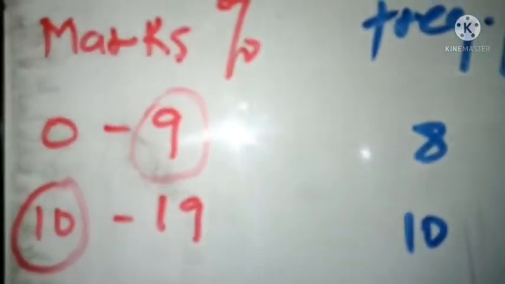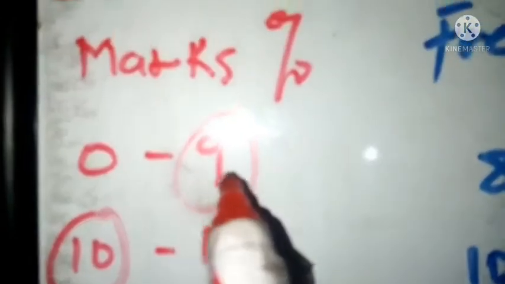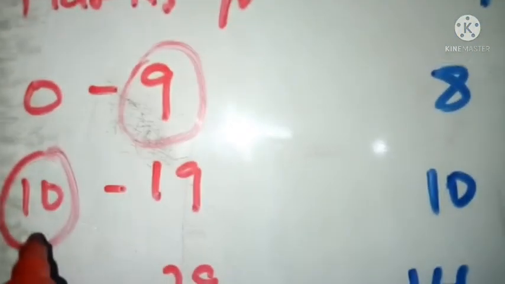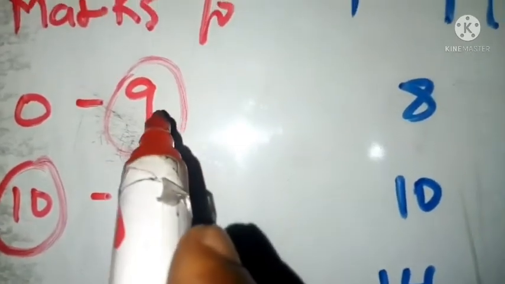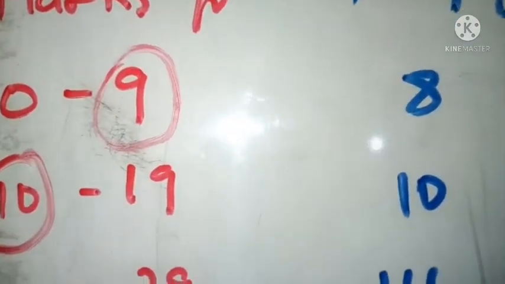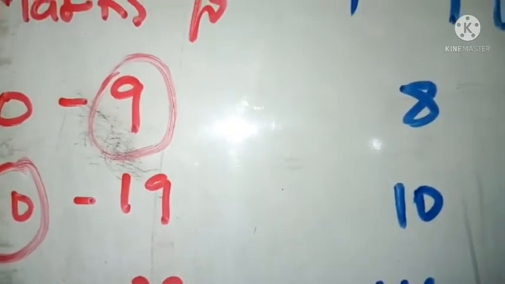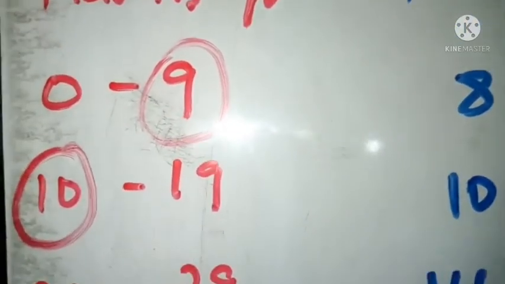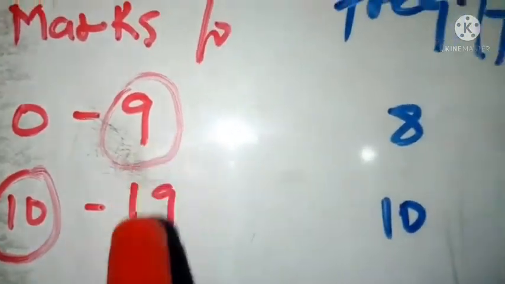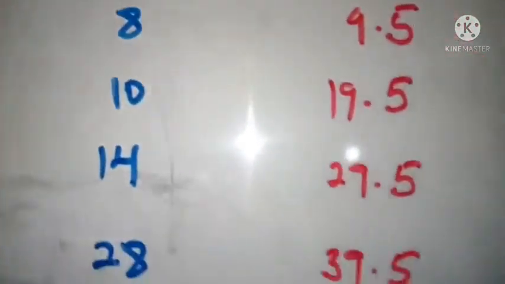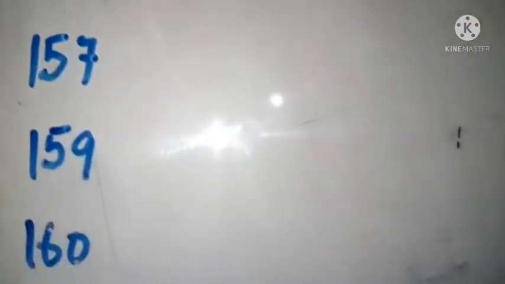Look at the last mark in one class and the first mark in the immediate class interval. Here we are having 9, then here we are having 10. You have to take the difference between the two. What I mean by the difference is 10 minus 9, which should be 1.